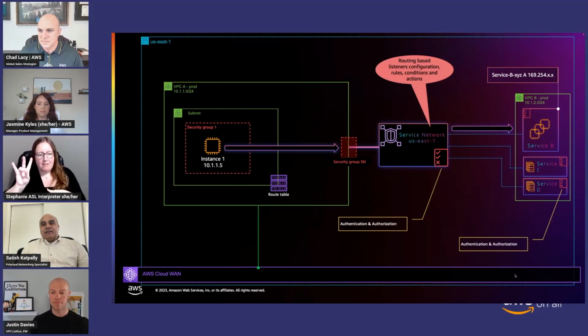The routing configurations can specify header, host, path, and method-based routing, plus the authentication we just discussed with IAM roles. So each instance on the left talks to the services it needs in the other VPC on the right, services B, C, and D. They could be running in EKS clusters, Lambda functions, or EC2 autoscaling groups, and Lattice, the service network in between, is connecting them all together.